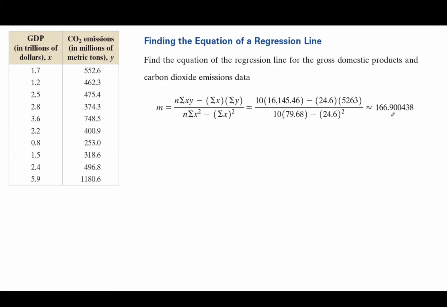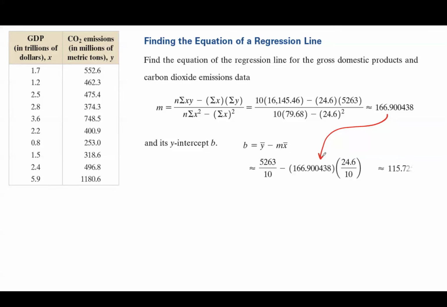m, or the slope of the line, is a large positive number, 166.90438. Now we're going to find the y-intercept b. To find the y-intercept, b is equal to y bar minus m x bar. Y bar is the average of y values, x bar is the average of x values, and m is calculated here. So b is approximately 115.725.